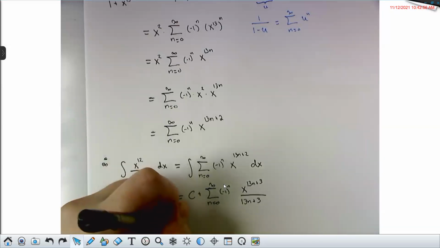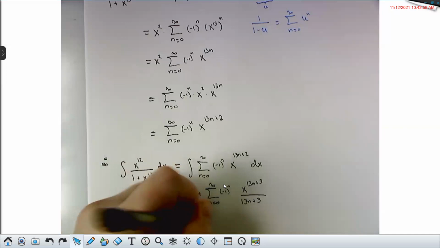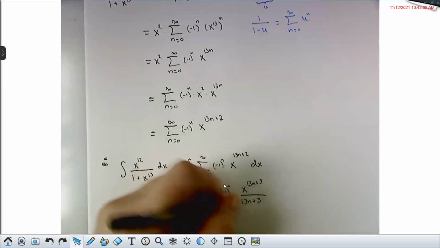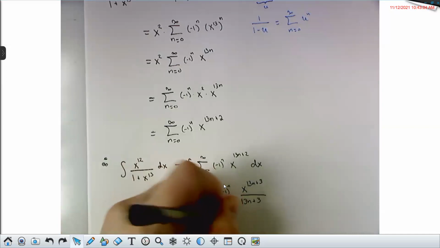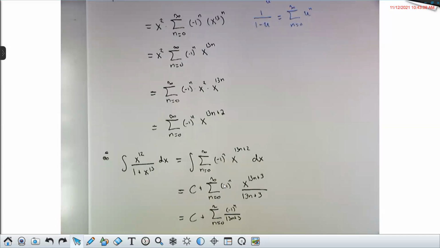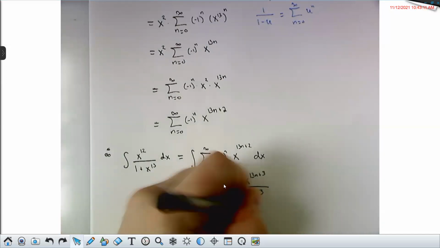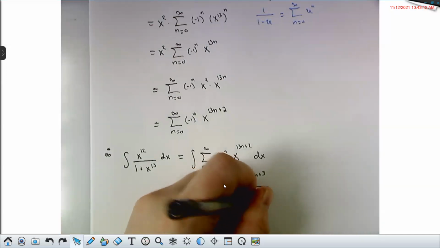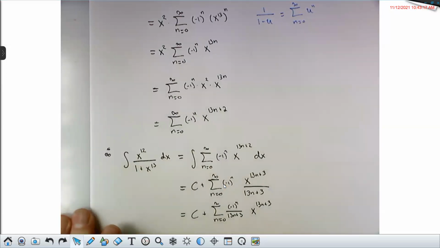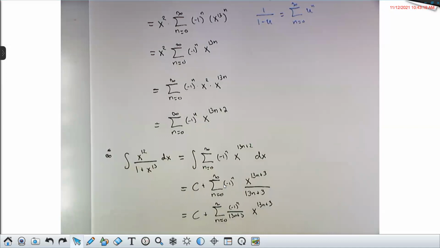And if you want to write this in that more standard form for a power series, I would put the negative 1 to the n and 13n plus 3 into a fraction like this. And then you have x to the 13n plus 3.